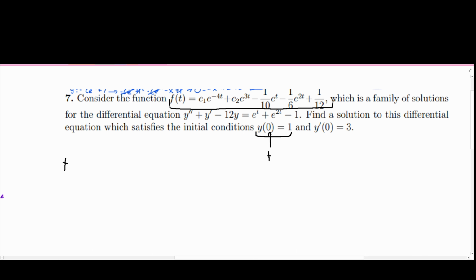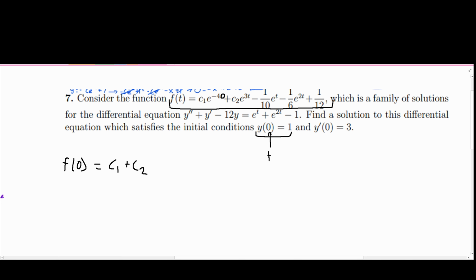So f of 0 is equal to c1 times e to the negative 4 times 0. Since this is multiplied by 0, anything to the power of 0 is just going to equal 1. Therefore, this is just c1. Same thing with c2. So we're just left with c2.